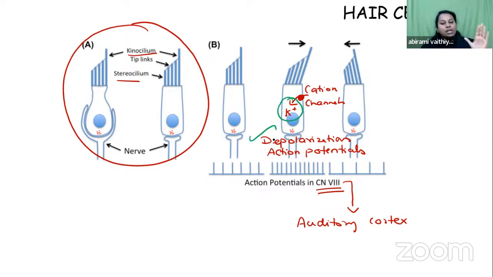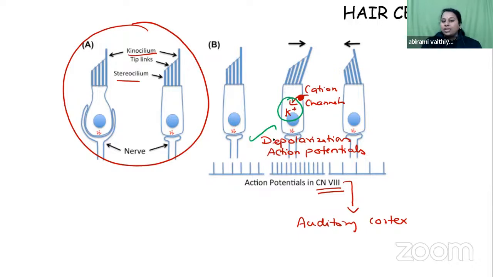Everywhere else, sodium entering would cause depolarization, or even calcium entry, as in the SA node and smooth muscles. But nowhere else will you see potassium entry causing depolarization.